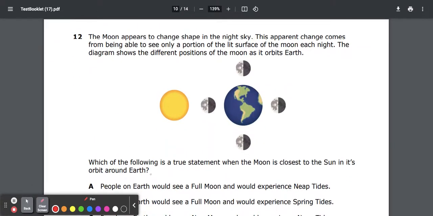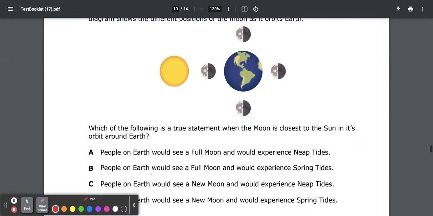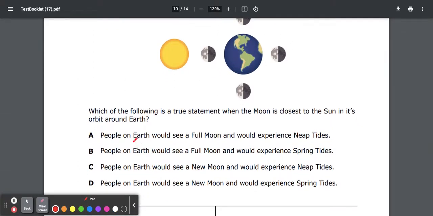Number 12. The moon appears to change shape in the night sky. This apparent change comes from being able to see only a portion of the lit surface of the moon each night. The diagram shows the different positions of the moon as it orbits the Earth. Which of the following is a true statement when the moon is closest to the sun? So we are strictly looking at this one.